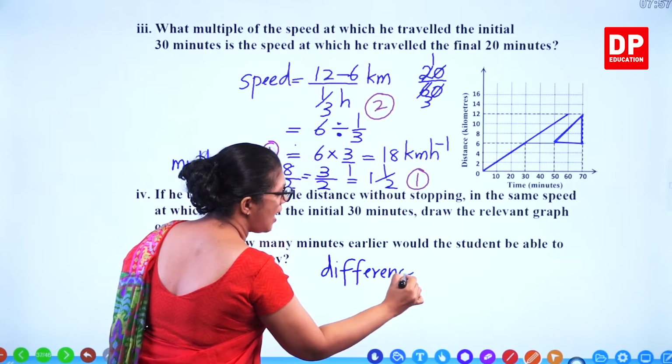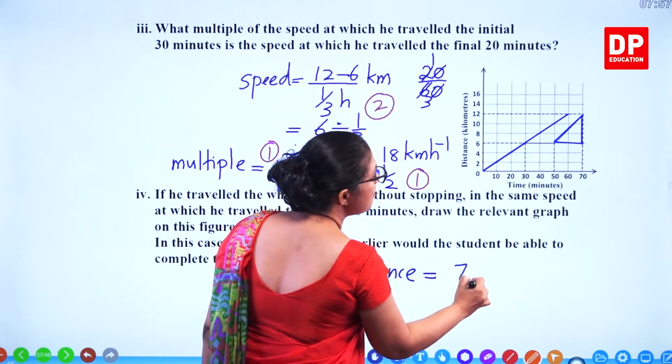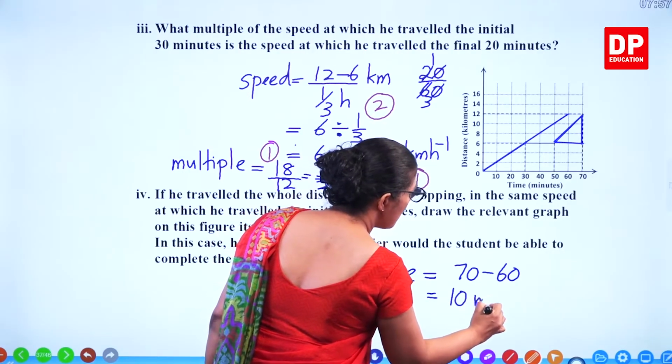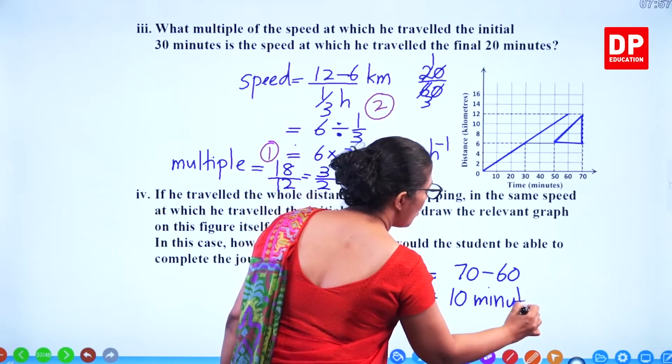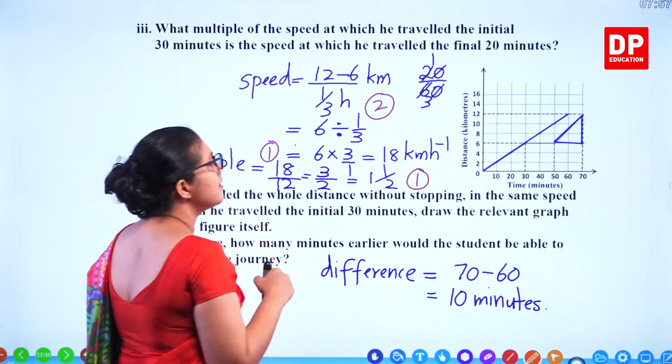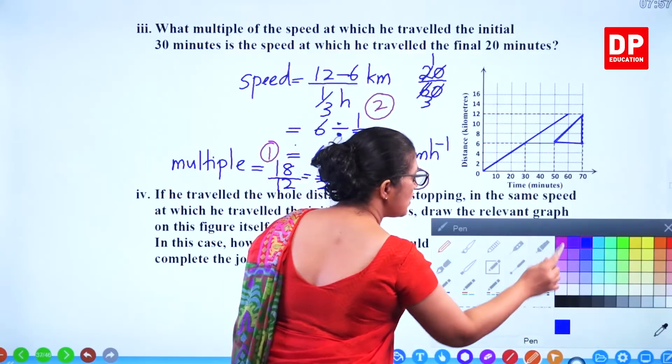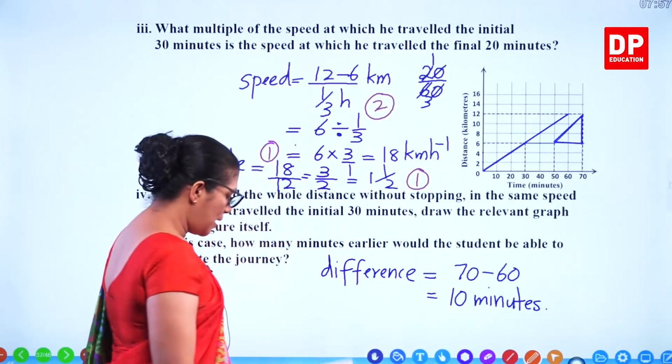Difference between times is 70 minutes minus 60. That means 10 minutes before he can go. So that's the difference between time. So 10 minutes before.